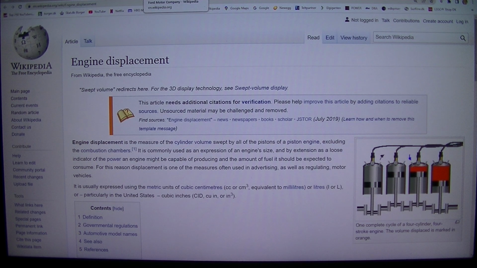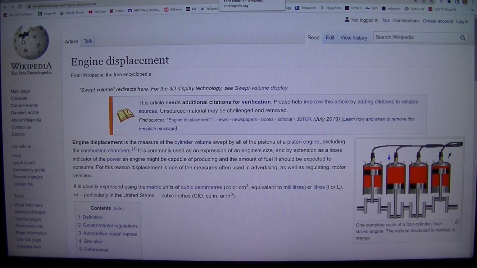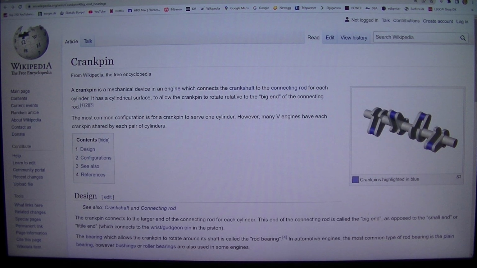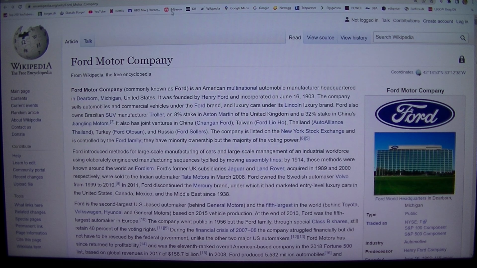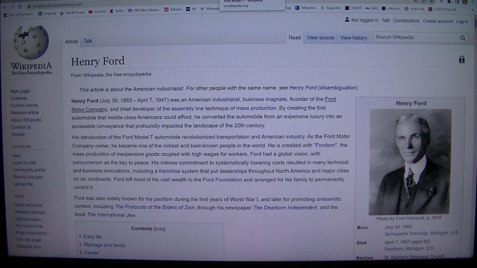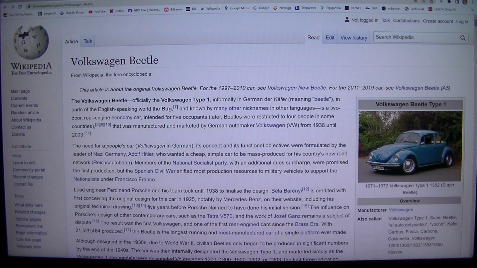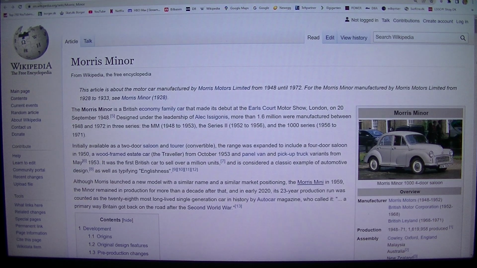I did not see it because I think I did close. I saw the whole line was, I think I did close one. Overhead valve, flathead engine, crank pin. Yes, I did close something by mistake. I don't know which one because I did not see it. Henry Ford factory, Volkswagen, Mini there.